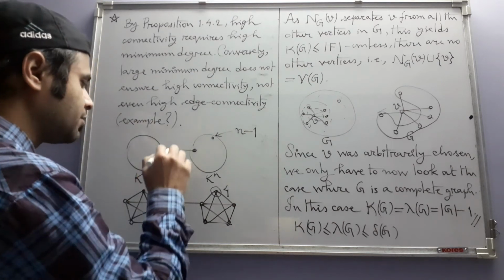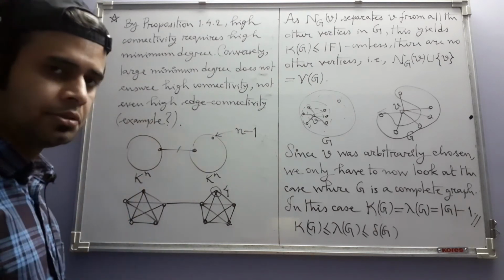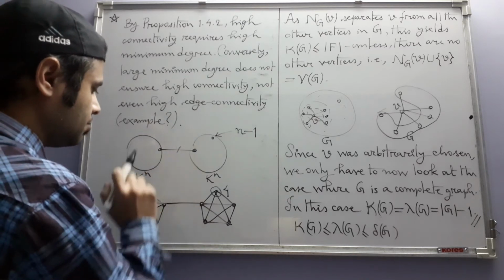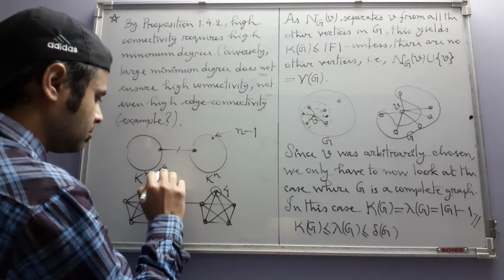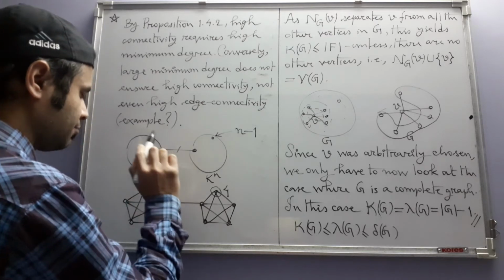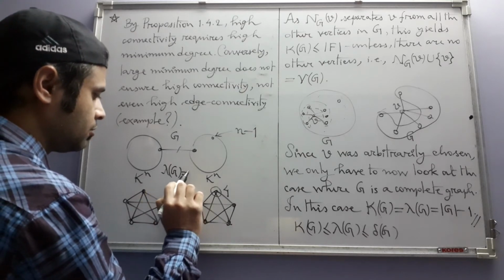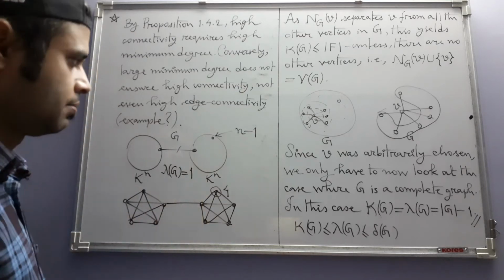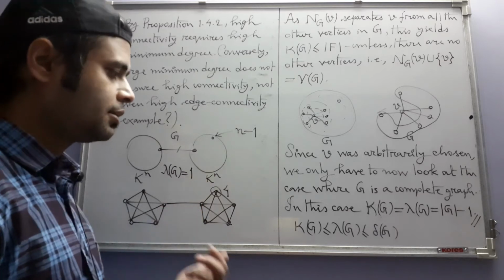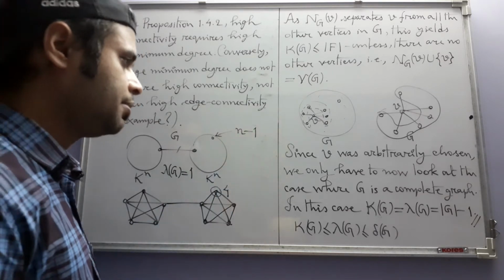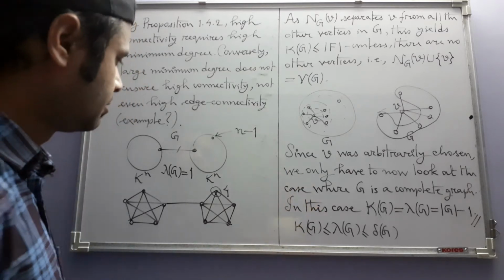However, because of the presence of this bridge, the edge connectivity of this graph, if you are calling this graph say G, is 1. So here edge connectivity is very small, but minimum degree can be made as large as we wish.